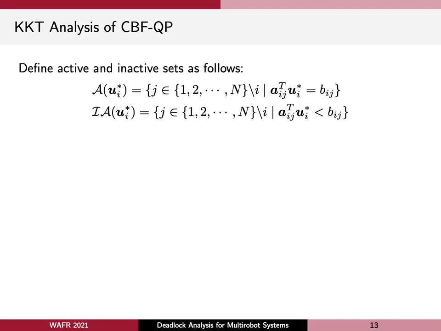Okay, so given these conditions, we can define the set of active and inactive constraints as follows. The set of active constraints is the set of all those indices, or robots in our case, for which the constraint is active, that is, equality holds. Likewise, the set of inactive constraints is those indices for which strict inequality holds.